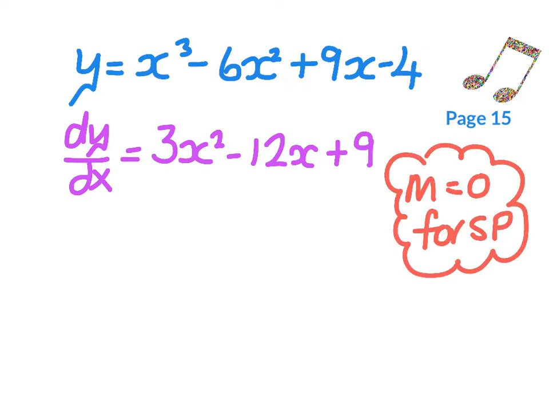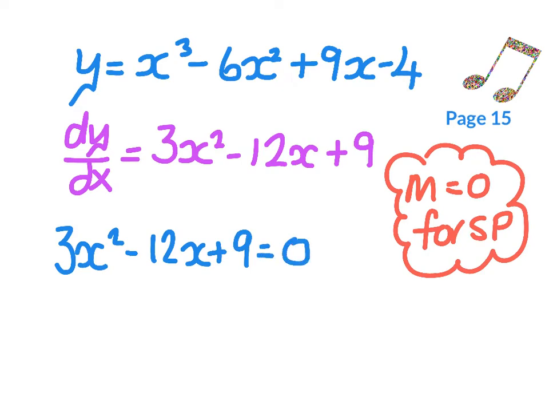Now we need to remember that for stationary points our gradient is equal to 0. So we're going to take this derivative, 3x squared minus 12x plus 9, and we're going to make it equal to 0. And that means we'll find the values here where we have stationary points. I'm going to factorise to solve this.